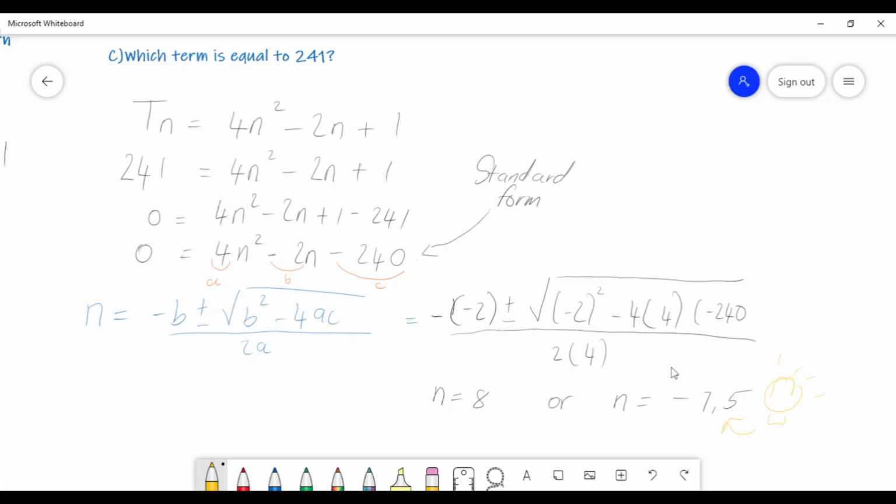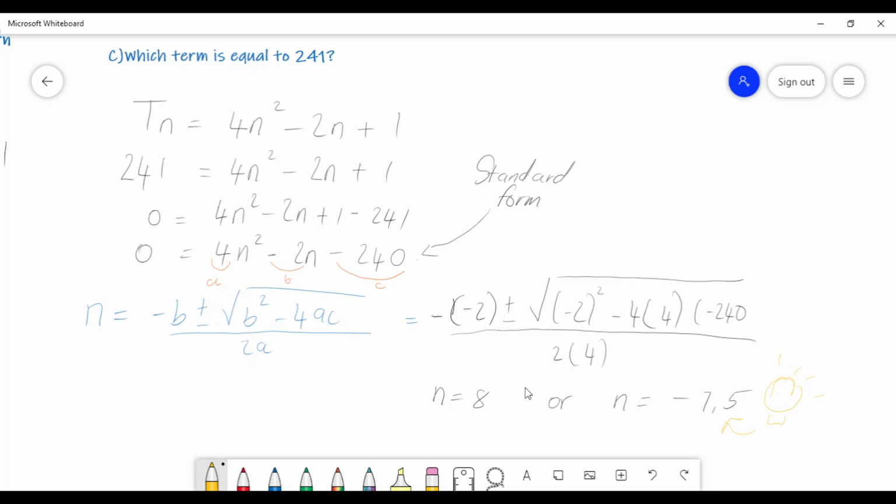So this is where you're supposed to be thinking, and not just answering without thinking. Your thinking is supposed to tell you that I cannot have a negative 7.5. This value is impossible because n represents the position of a term on the sequence.